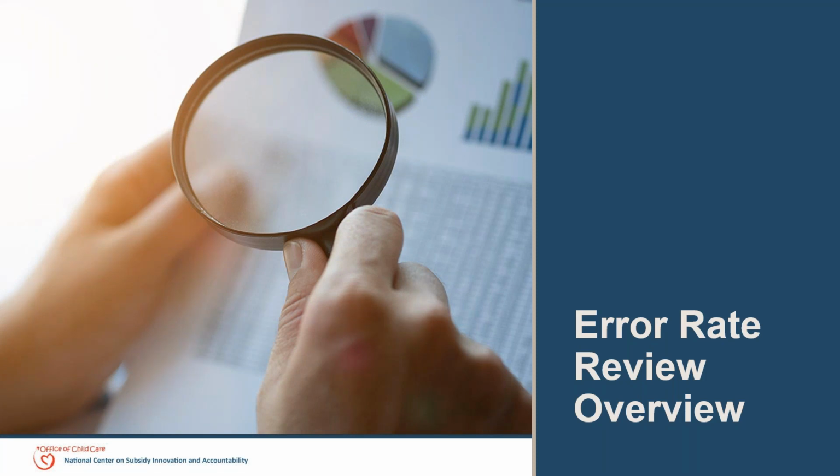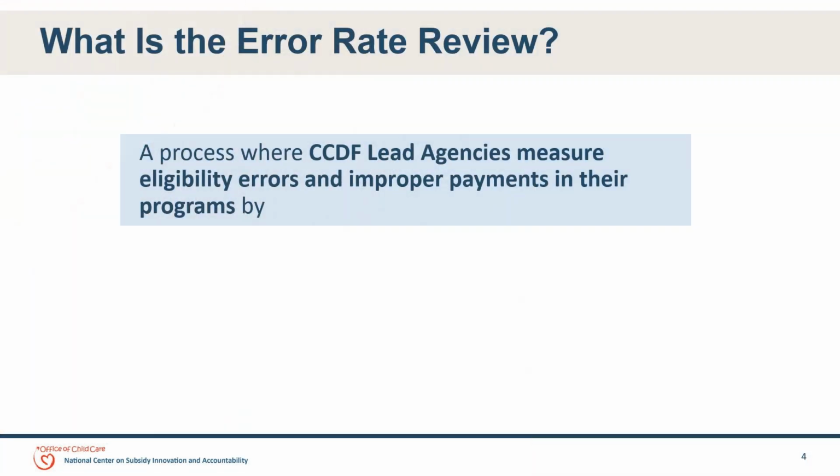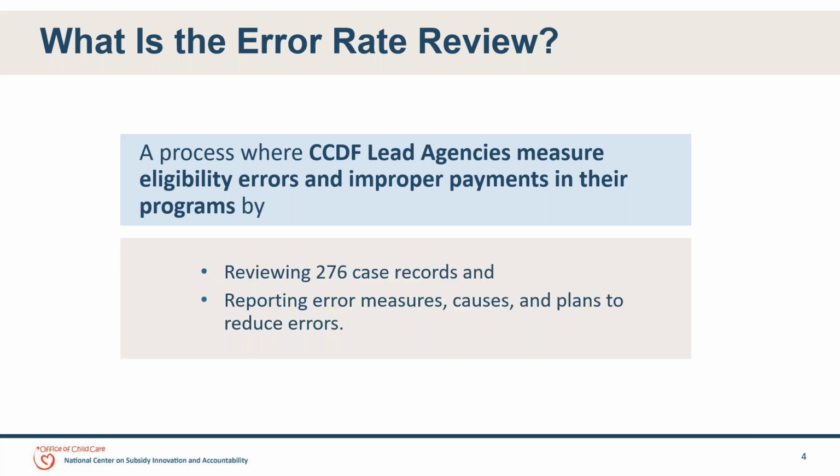So we're going to start with a brief overview of the error rate review. And again, if you've been involved in the error rate review in previous cycles, I do see a lot of familiar names on the attendee list. So this is going to be a refresher for many of you. For those of you who are new, what is the error rate review? It's a process by which CCDF lead agencies measure eligibility errors and improper payments in their programs.